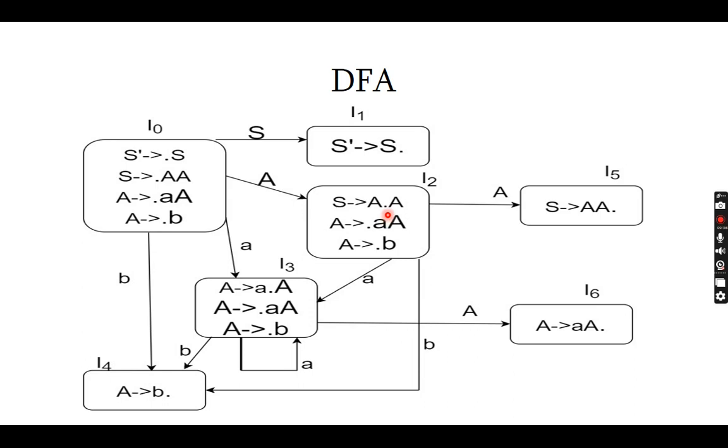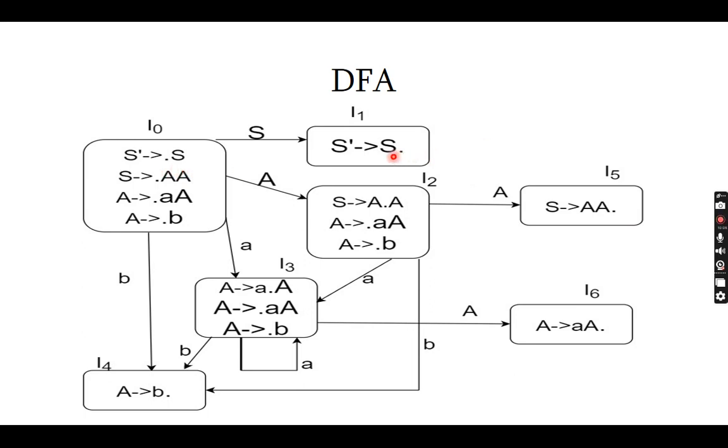Because when the dot is after A, it indicates that the compiler has scanned this A and has not scanned the next A. The compiler has seen this first A, but has not seen this second A. That is the meaning of this. So in this case, before the dot A is there, and the compiler has seen the entire thing, both A's scanned. In the other case, the compiler has not seen this S.